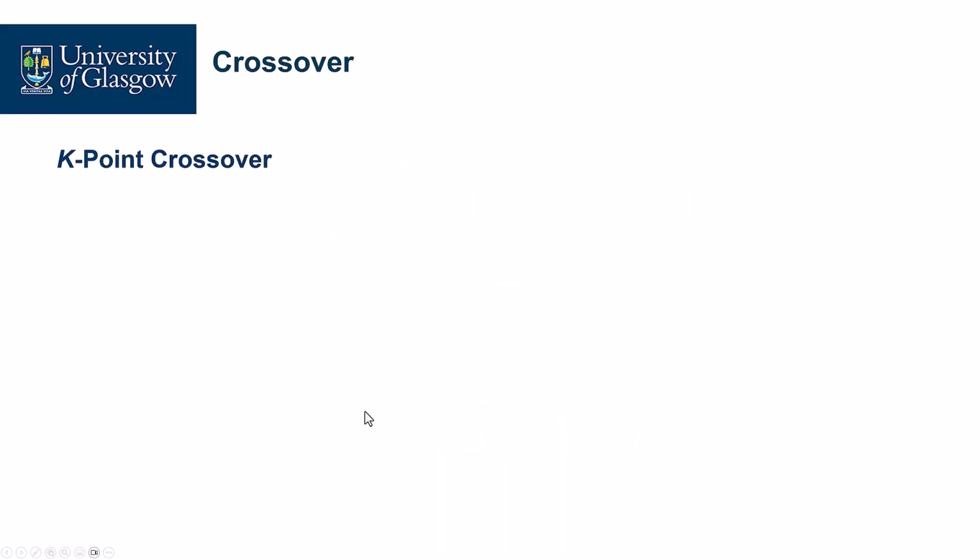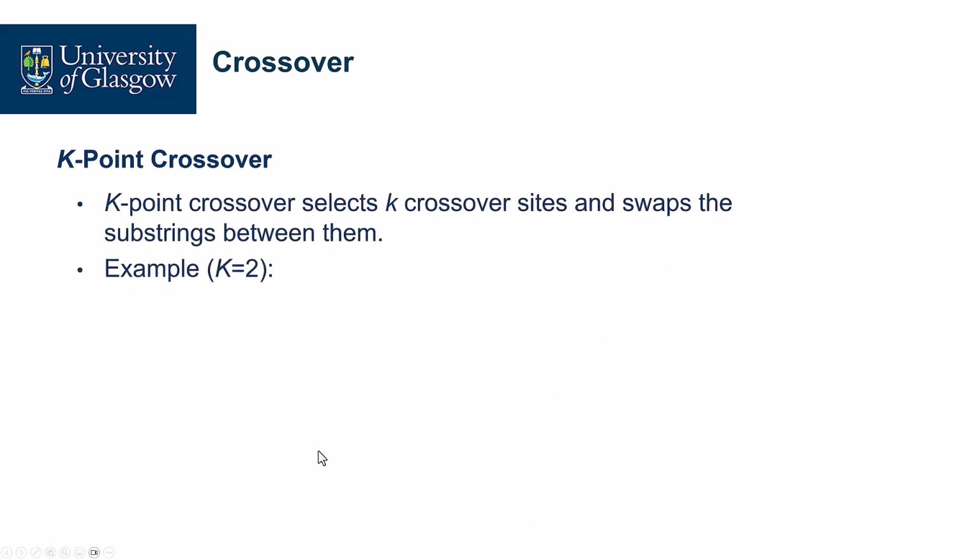For k-point crossover, this is different. The difference is that not only one crossover site, this time we could have k crossover sites. In one case, maybe we have 2 crossover sites, and then we can make the front and end the same and swap the substrings in the middle. Let's see an example.